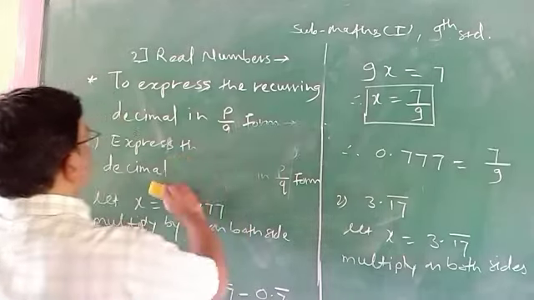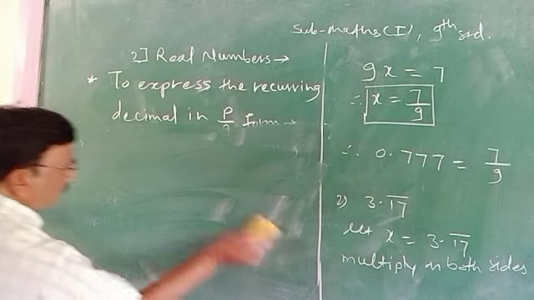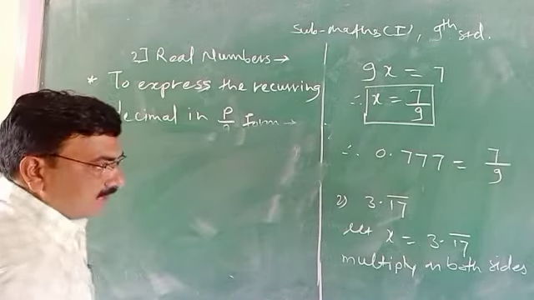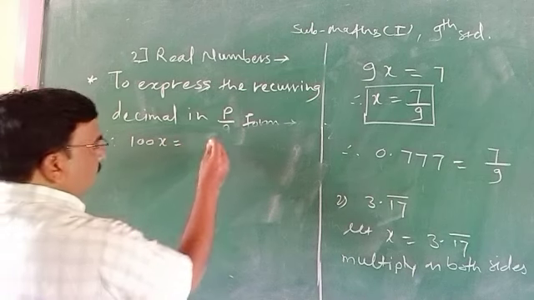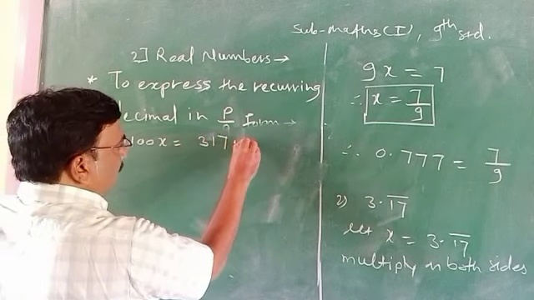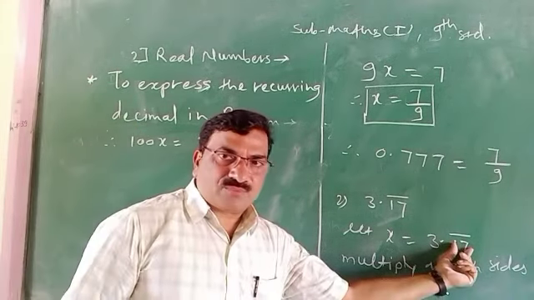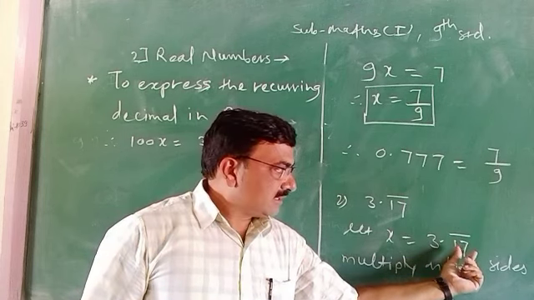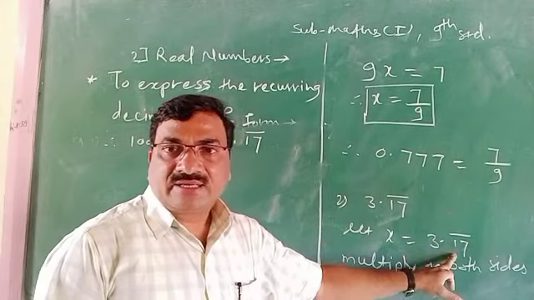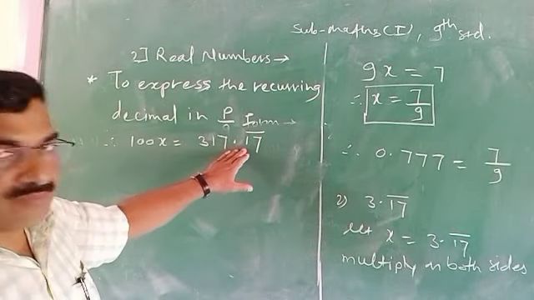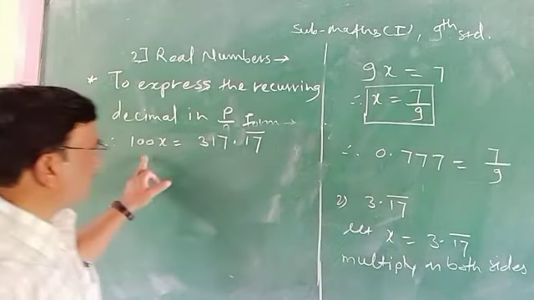Therefore 100x is equal to 317.17 recurring. This one group, 17, came towards the left hand side because we are multiplying by 100. Again subtract this number 3.17 from this.